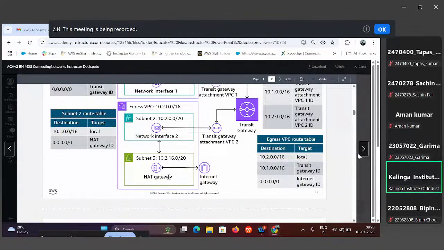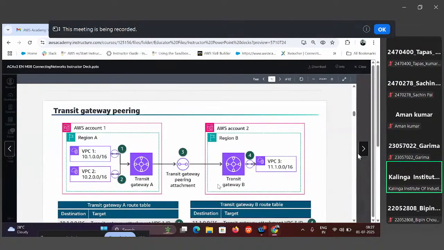So you require a NAT gateway, and with the NAT, your private subnet will connect to the internet. In that case, you will also be connecting to the internet gateway.